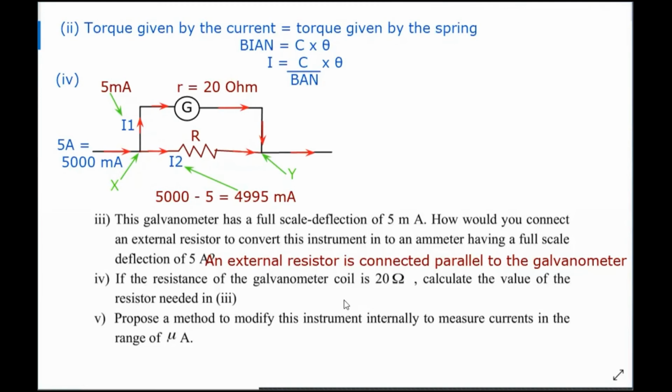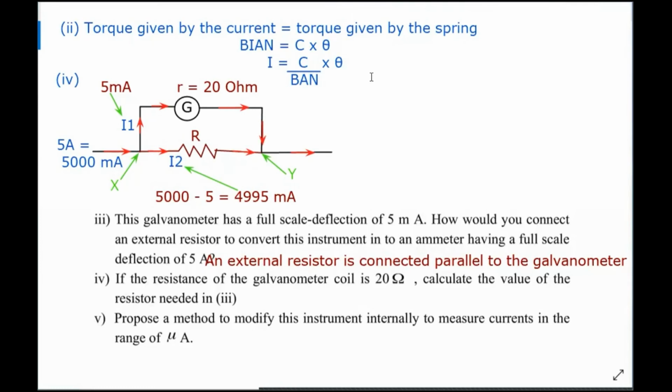I hope that you have drawn the figure. If you consider point X and Y, you can find the potential difference between X and Y by considering the upper path. You can go from X to Y along the upper path through the galvanometer.